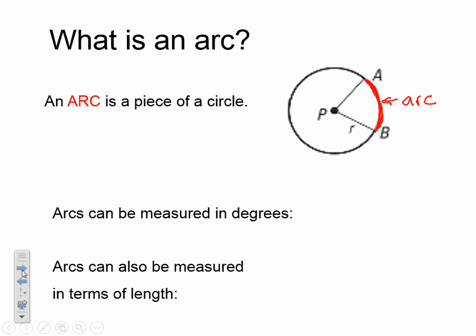Arcs can be measured in degrees, so we're going to have the measure of AB, or arcs can be measured in terms of length. When I'm talking about degrees, I'm talking about what this degree measurement would be. When I'm talking about the arc length, I'm talking about this distance from here to here. So there's two different ways to measure our arcs.